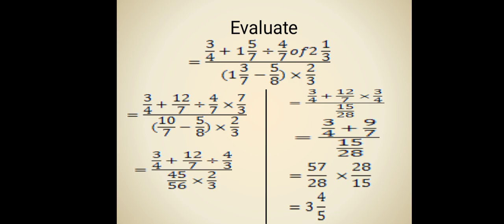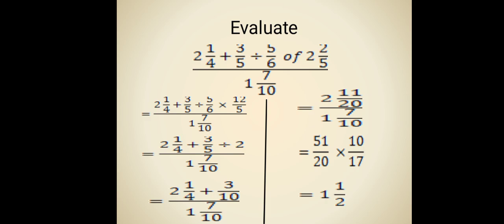Evaluate the following. 3 over 4 plus 1 and 5 over 7 divided by 4 over 7 of 2 and a third, all over, in brackets, 1 and 3 over 7 minus. Now evaluate 2.